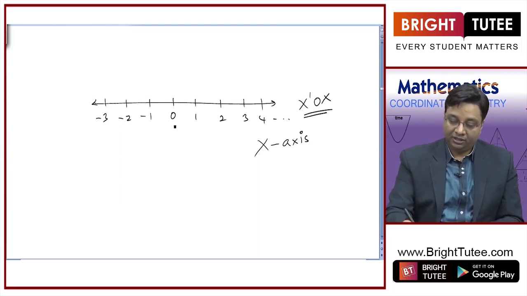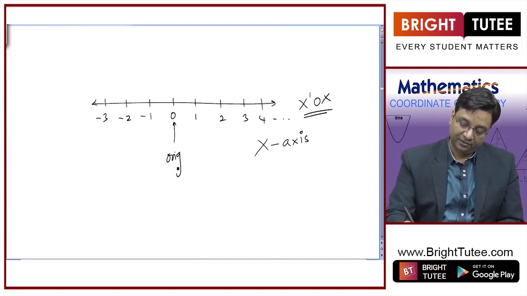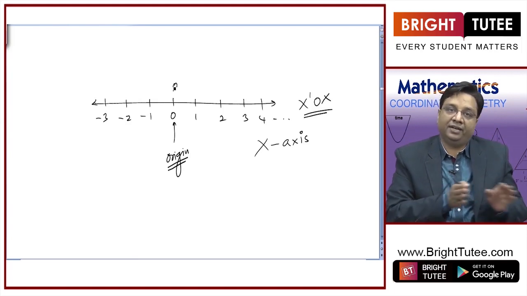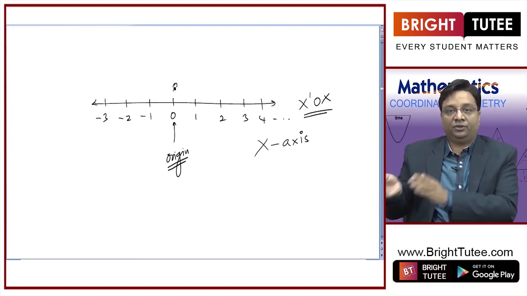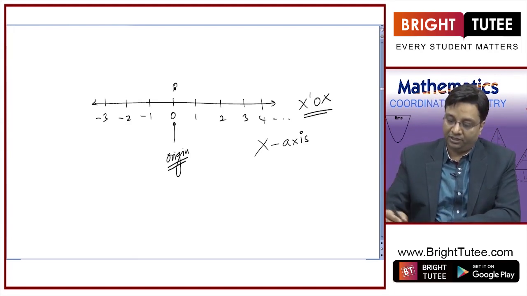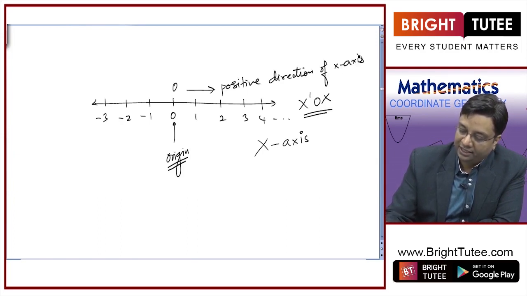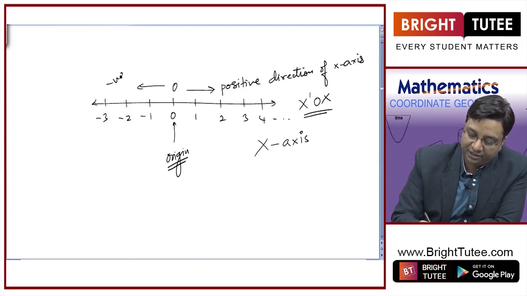This is origin, which I have taken as 0 here. On the left of origin we will have negative numbers, on the right of origin we will have positive numbers. So this is the positive direction of x-axis, and this is the negative direction of x-axis.